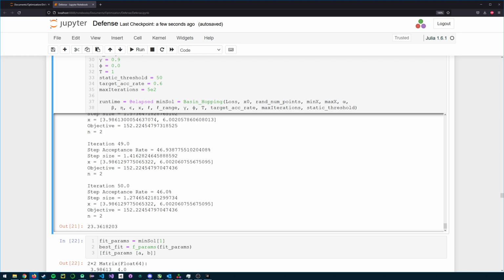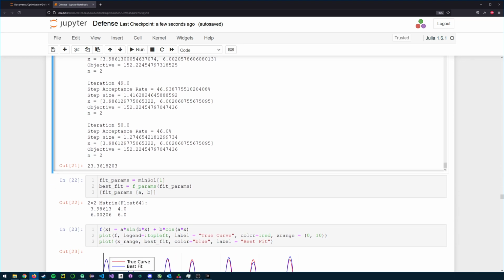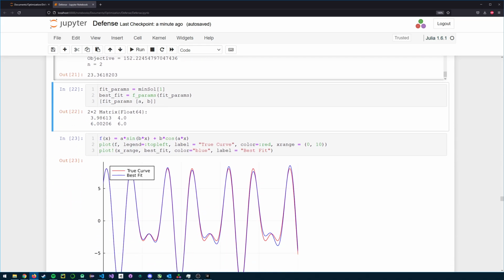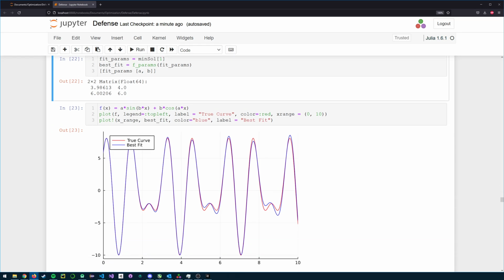And like I said, simpler implementations exist which can do this in a small fraction of that. But anyways, we get a very close fit to our original parameters, 4 and 6. Then here I'm plotting the original curve with our best fit curve in blue, and you can see it's quite close, which is really interesting to see.